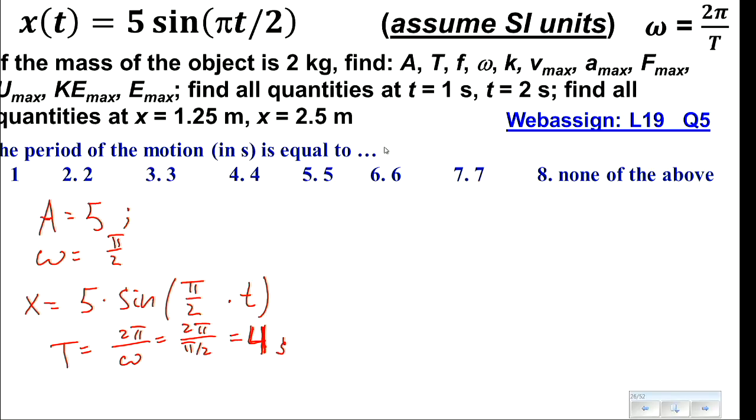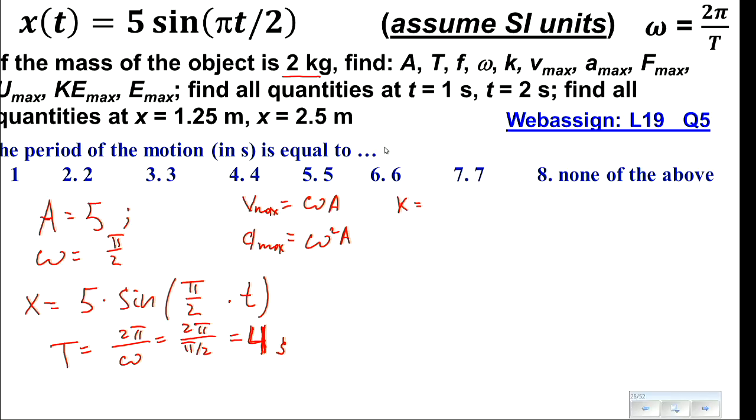Seconds. Now, where else can we calculate? Well, V max equals omega A. I'm not going to plug the numbers. A max equals omega squared A. K: we know the mass.